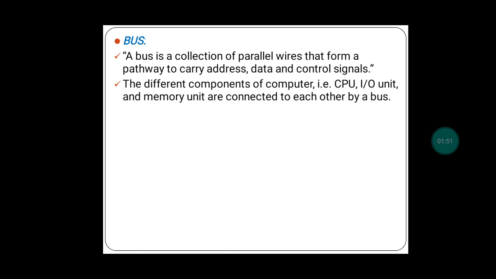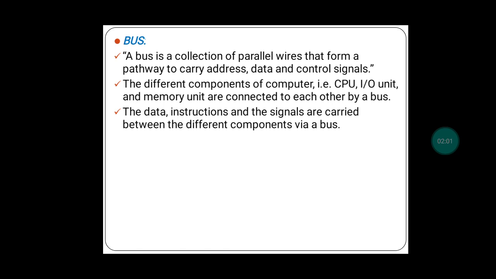So CPU, input output unit and memory unit are connected inside the computer through these buses. The data, instructions and the signals are carried between these components via buses only. So what is this data, instruction, control signals?